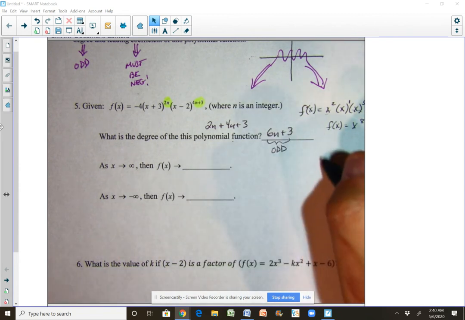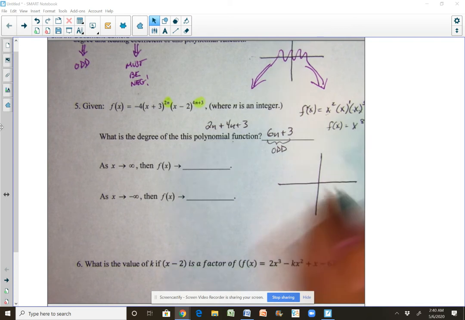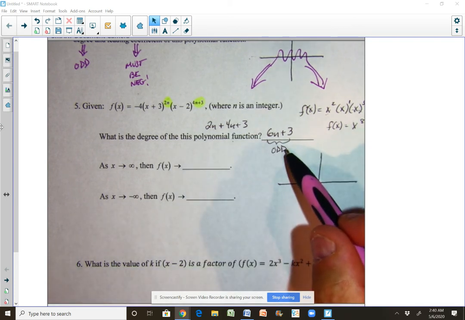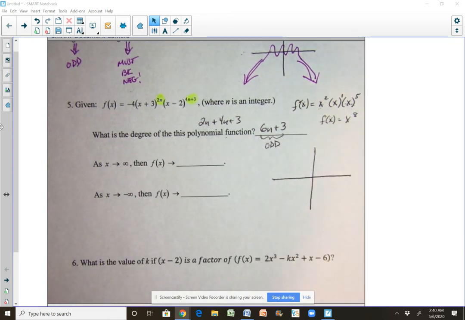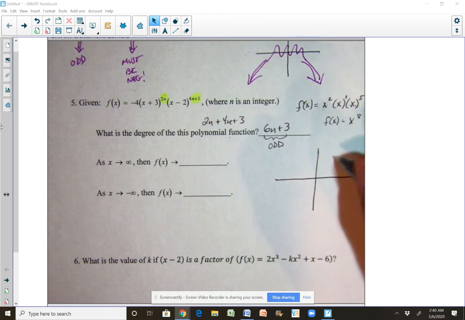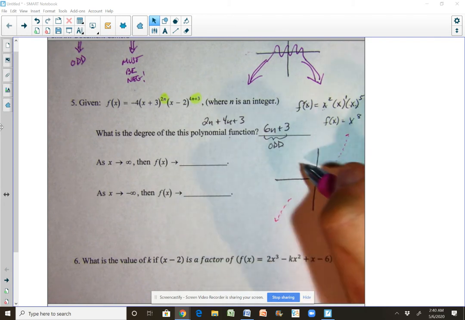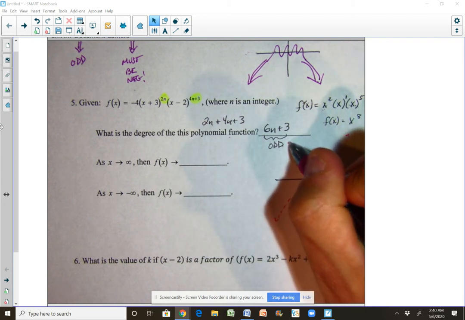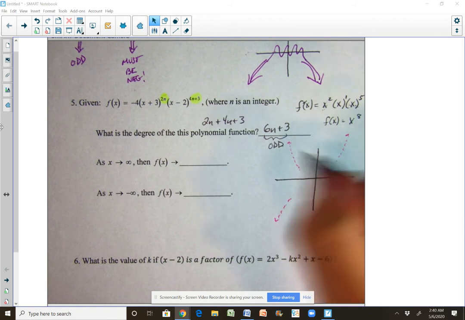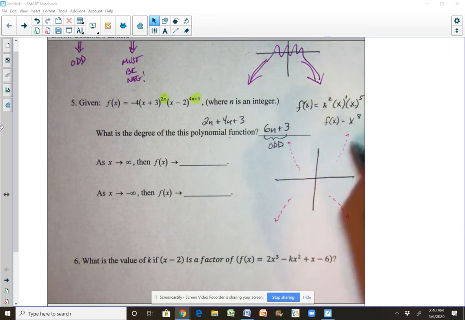So what that does is it tells us a couple of things. Because it's an odd degree, we know that the function has to be going in opposite directions. Either it will be going up on one side and down on the other, or it will be going up on the opposite side and down on the other. So it's either this or it's this.